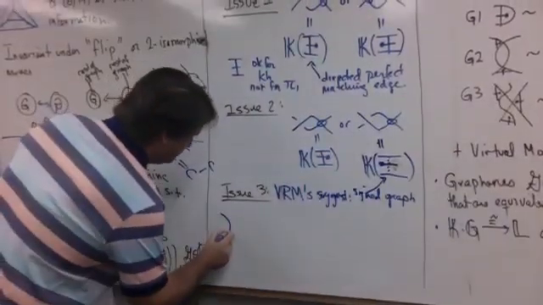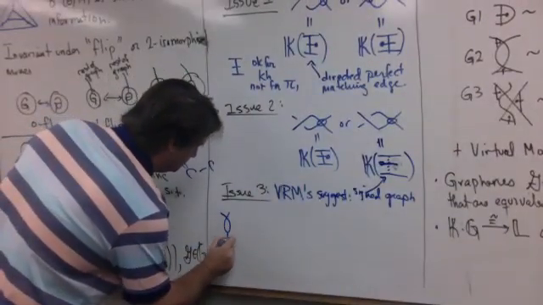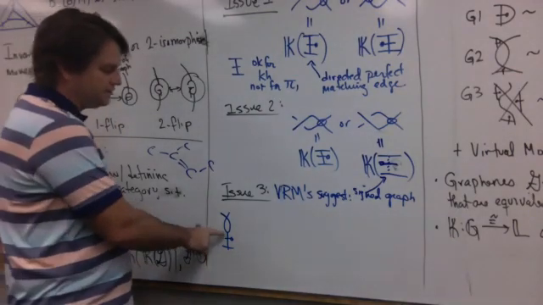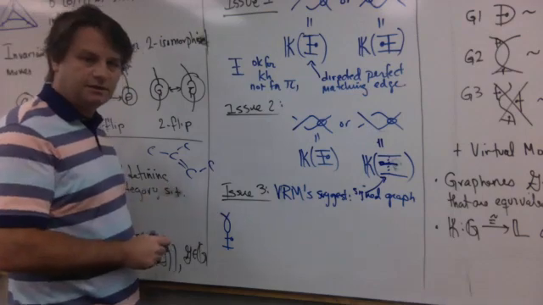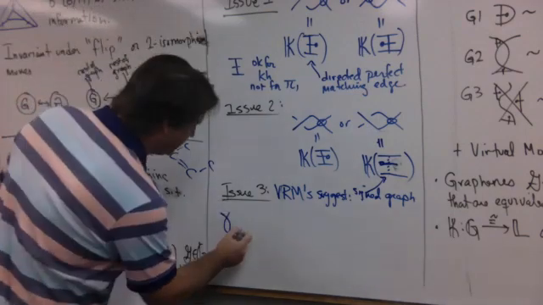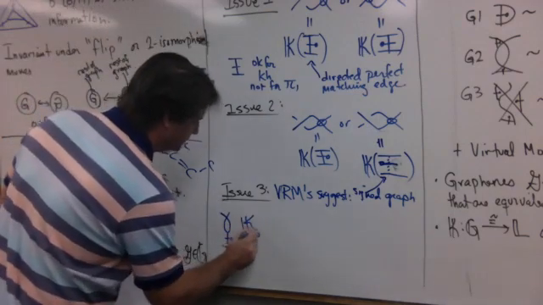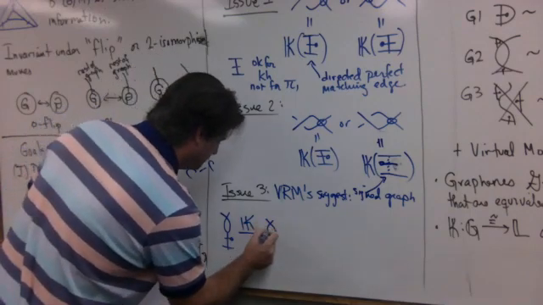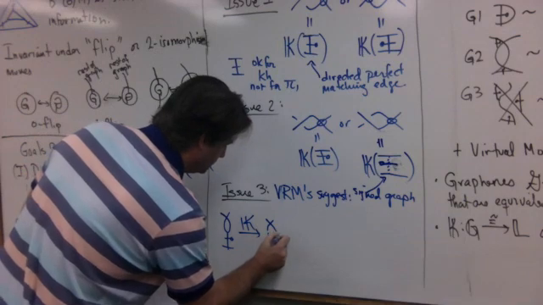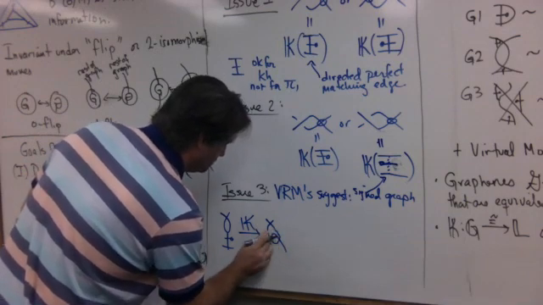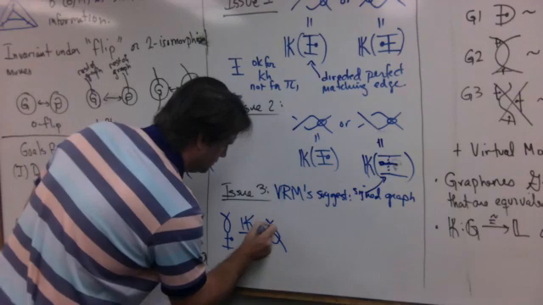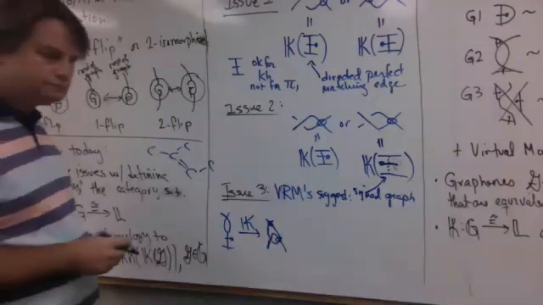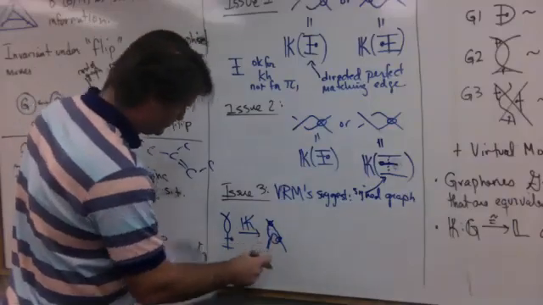If I have a perfect matching edge, but it has a twist in it up above, then by the K-map, I get that, and I can then pull this down.